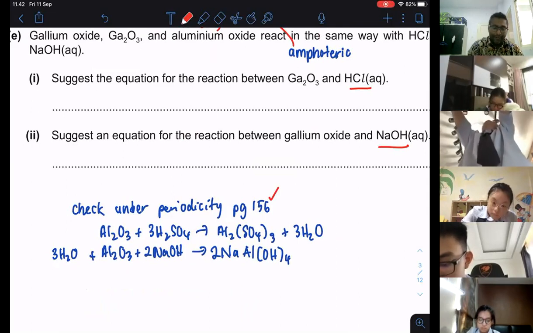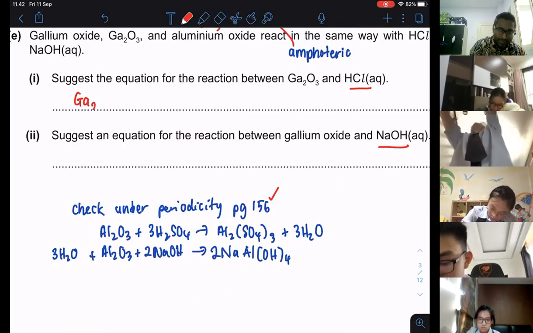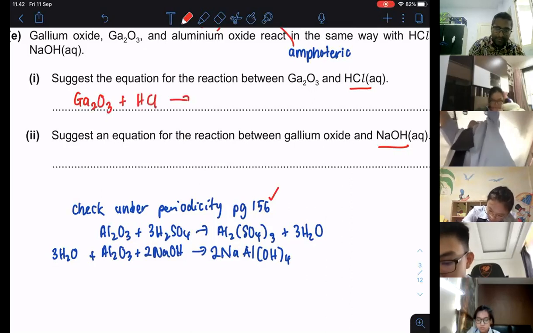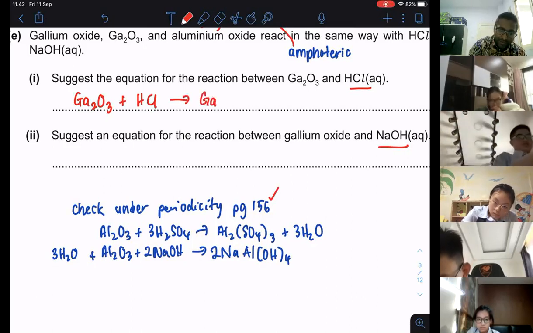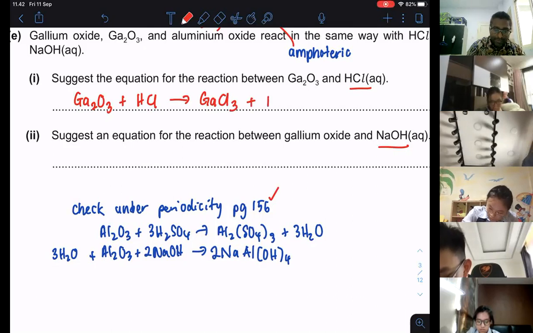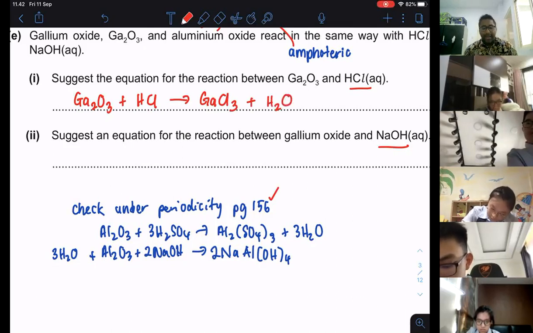If I have gallium oxide, the same reaction is going to happen with HCl. I know this is group 13, so of course I'm going to get Ga3+ and Cl-, so GaCl3, plus H2O. What is left is to balance it.